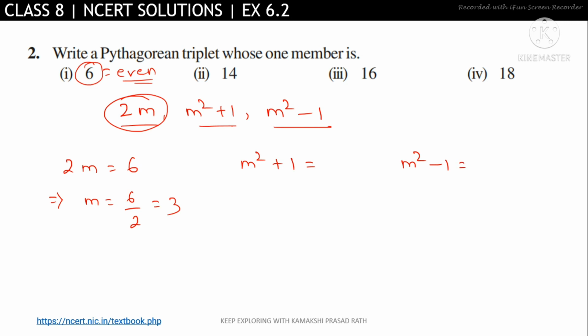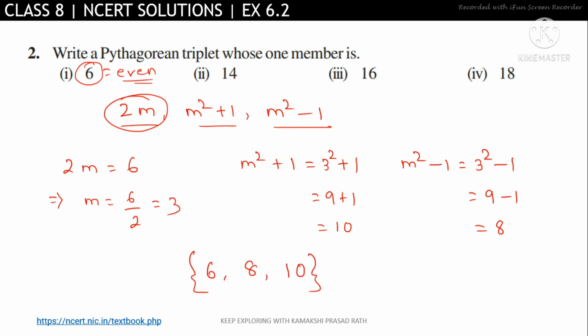Since m is 3, 3 squared plus 1, 3 squared is 9, 9 plus 1 we get 10. And m squared minus 1, 3 squared minus 1, we get 9 minus 1, that is 8. Hence the Pythagorean triplet is 6, 8 and 10.